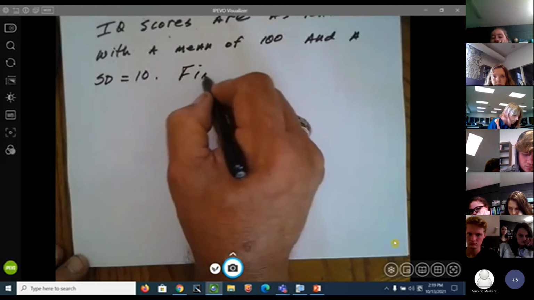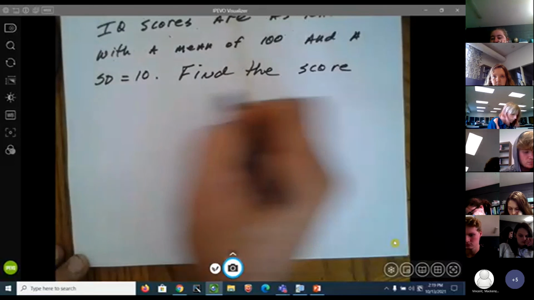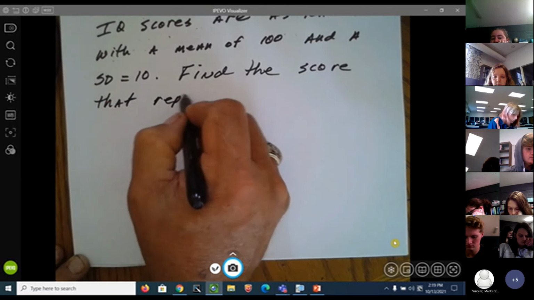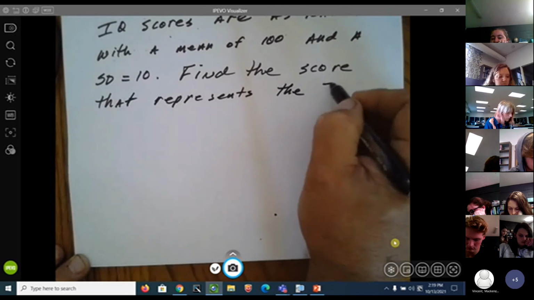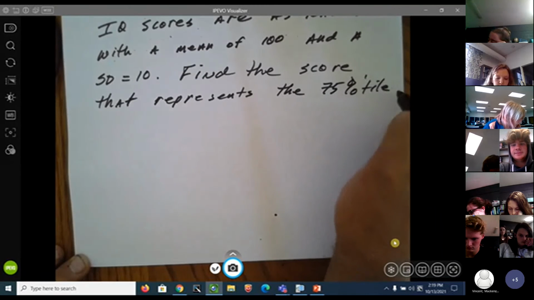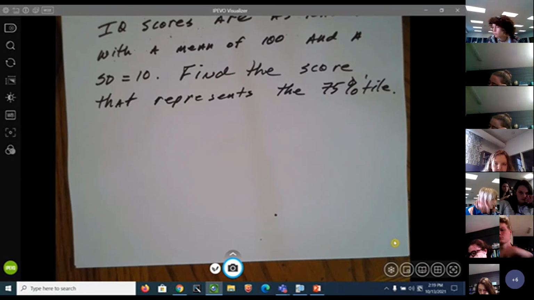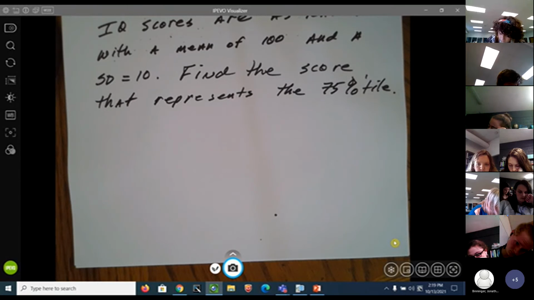Find the score that represents the 75th percentile. So go ahead and take a minute and get this started. That means draw a picture of it.